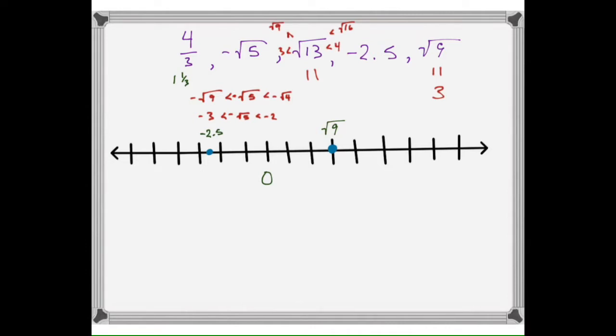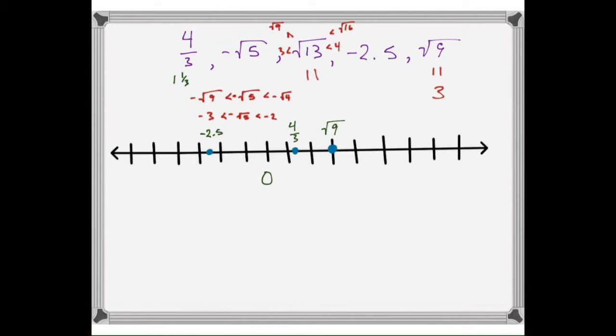Where should the 4/3 go if it's equal to 1 1/3? It's a number line, guys. Where does 1 1/3 go? Between 1 and 2, but closer to 1. Okay, 1 1/3 goes here. So 4/3 label right there.